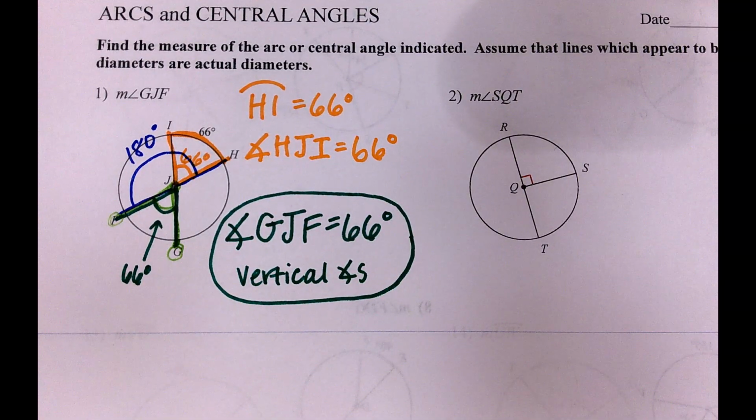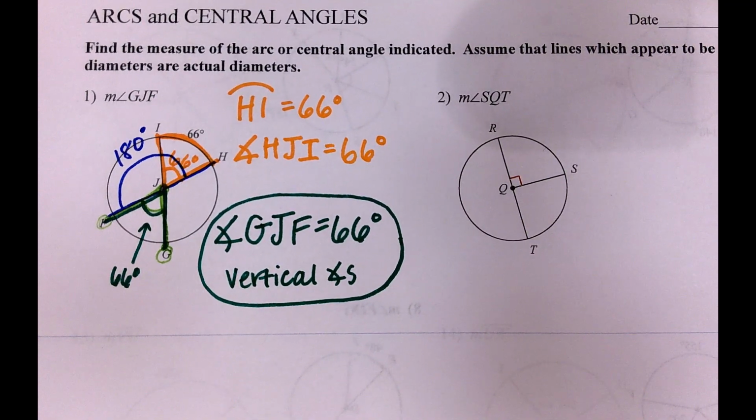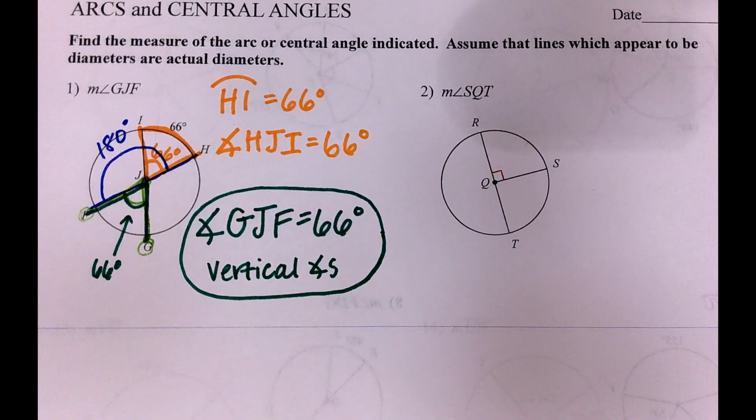Be our number one. So let's look at number two. Would that be 90 because R, Q, and S is a 90-degree angle, so I'm right below. You're so right.